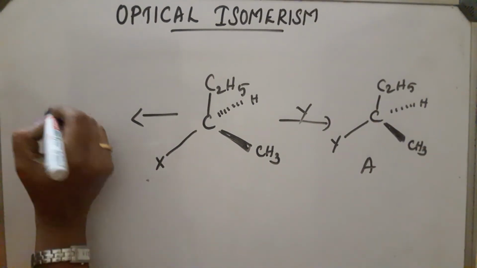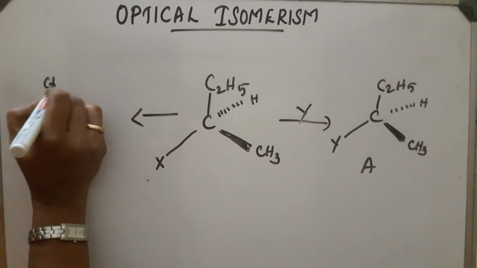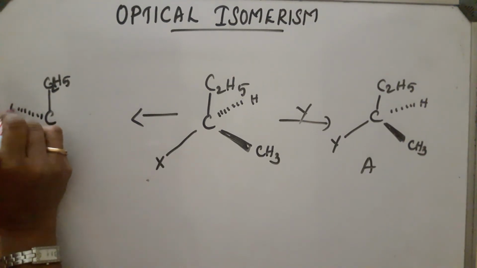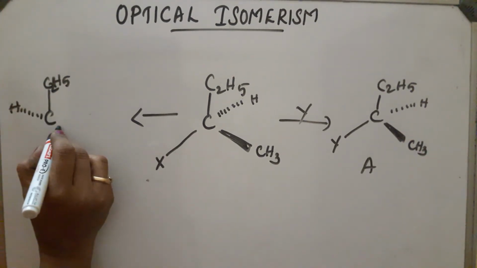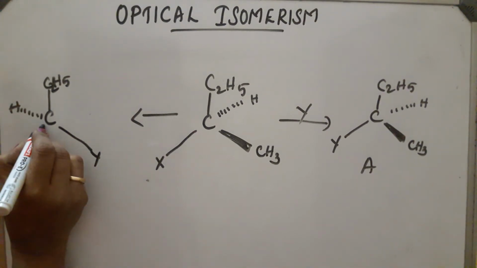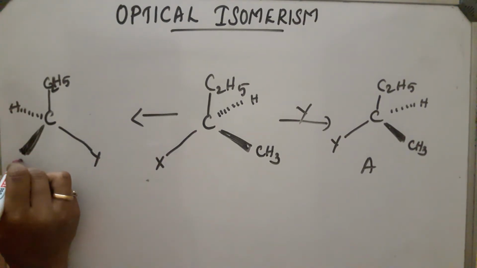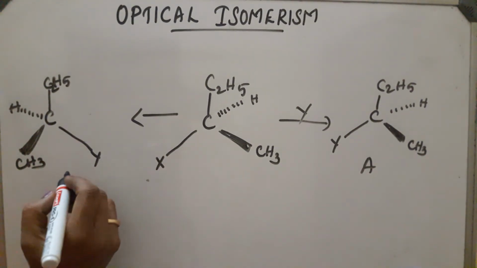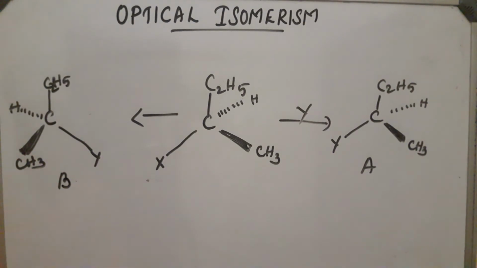Next, after the reaction, the configuration of the compound is inverted. The compound gets inverted. This is B. This process is known as inversion.